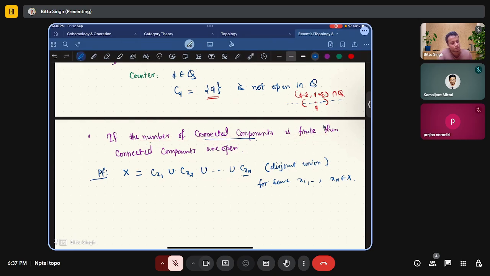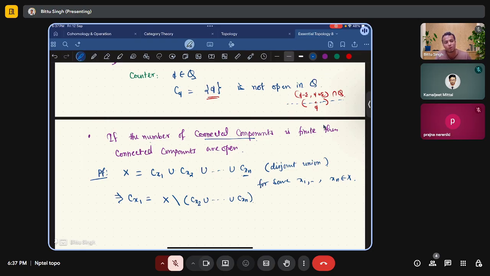It is already given. So note that if those are disjoint, then Cx1 is nothing but X minus the union Cx2 up to Cxn. Since those are disjoint, there is no issue: no point from Cx1 is removed from X, because Cx1 is disjoint from the other components.